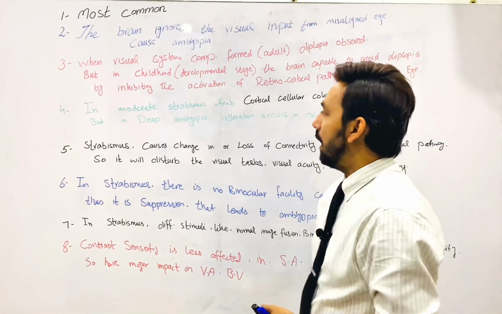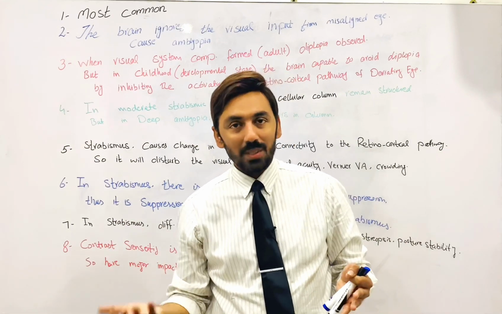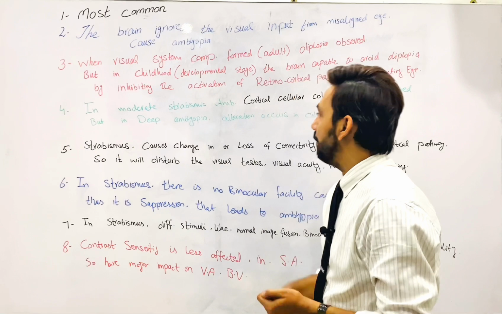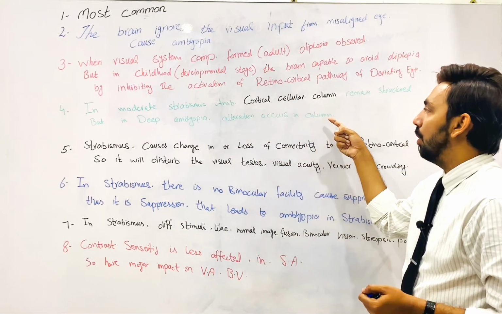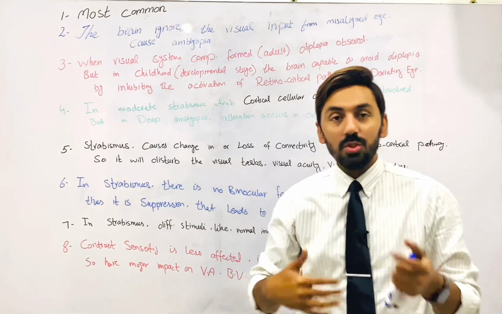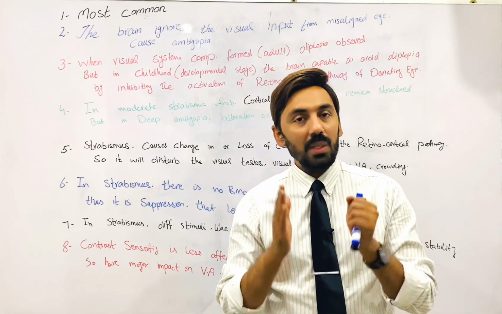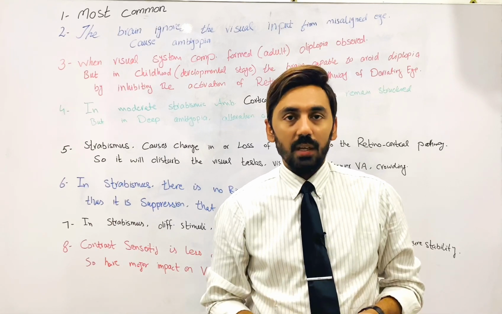If your amblyopia is deep, if your amblyopia is severe, if your strabismus is severe, or if your strabismic amblyopia is very severe, then alteration will be there in that cortical cellular column. So your visual pathway will be affected, and once your visual pathway is affected, amblyopia will be there, and amblyopia will get worse and worse in those cases, right?